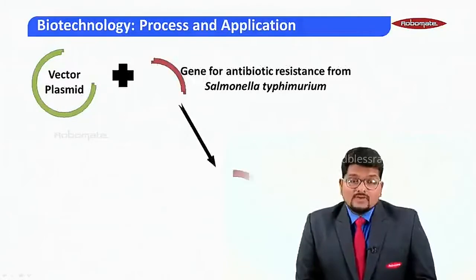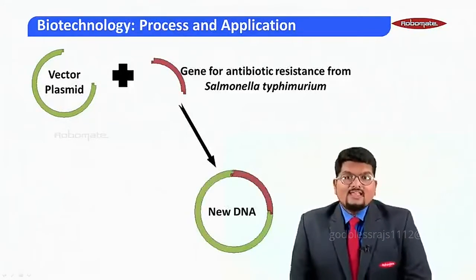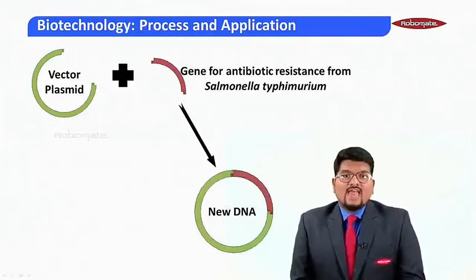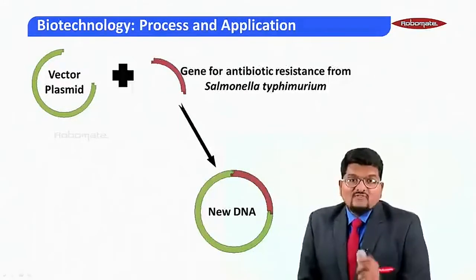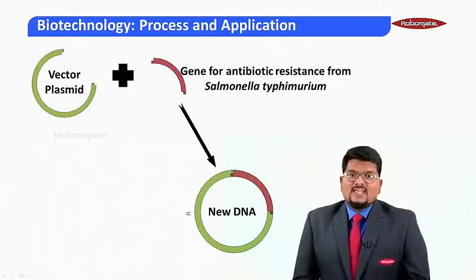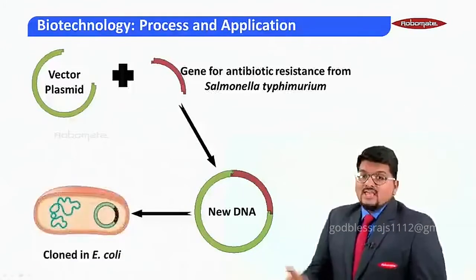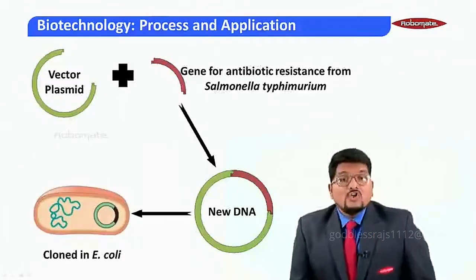Next, what did they do? When they mixed it, they got a new DNA, the DNA which carried the gene for antibiotic resistance. And this new DNA or plasmid they introduced in E. coli cell for cloning.